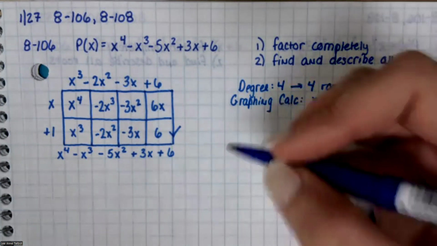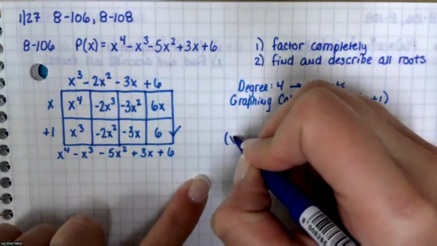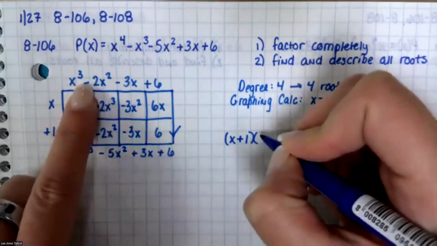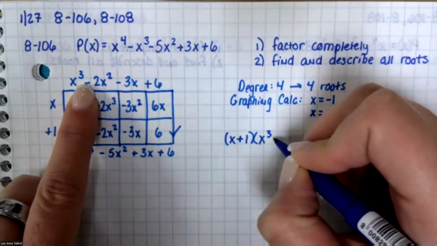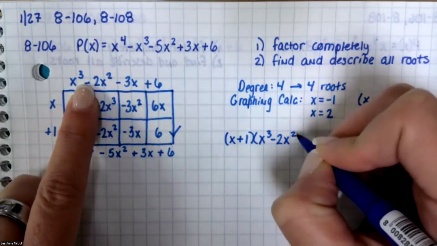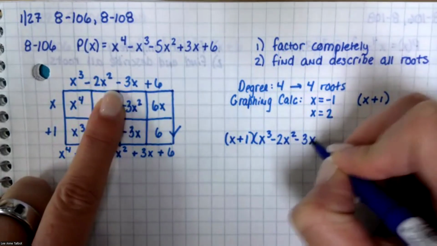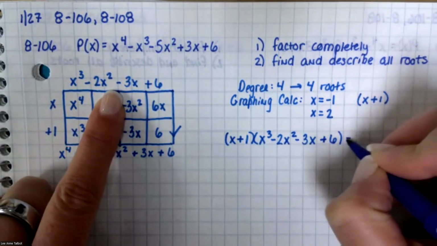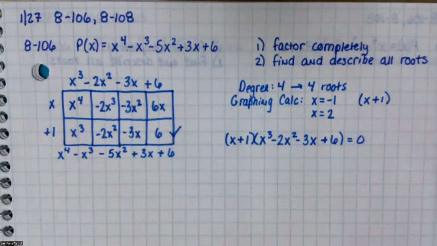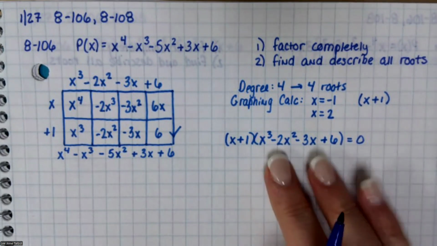So far I have (x plus 1)(x cubed minus 2x squared minus 3x plus 6) equals 0. Do you guys see where this came from?